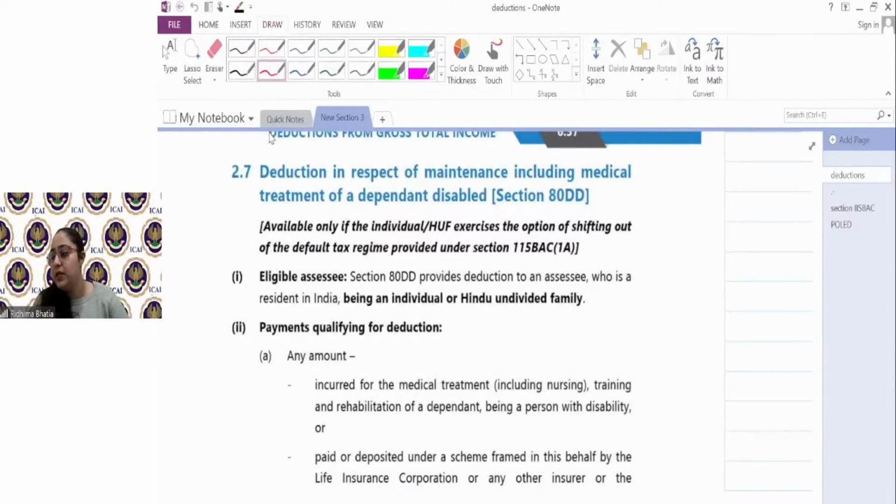Any doubt? Is it clear, not clear? Do let me know. Deductions are very important and easy to remember also. And I hope everyone is preparing the chart which we started at the beginning.